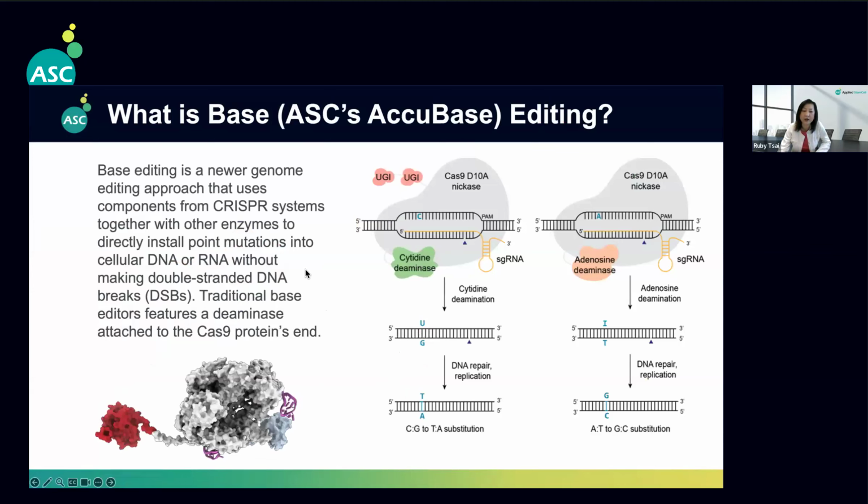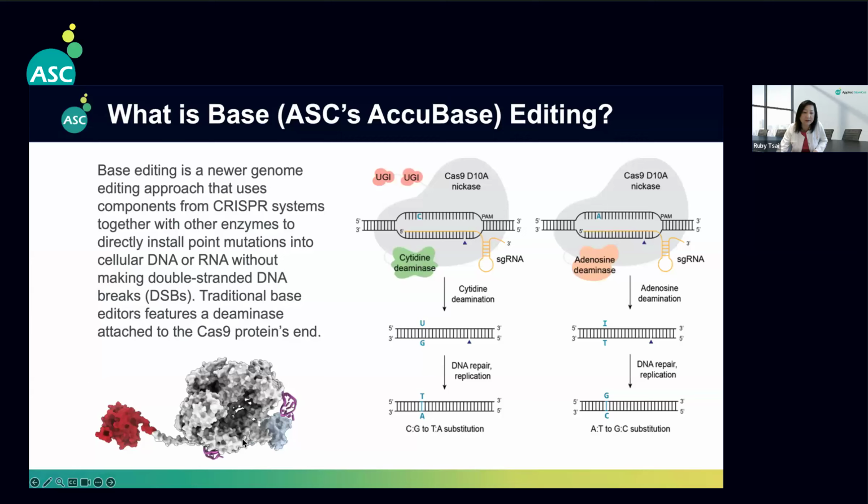And so other CRISPR-related technology was discovered. One of which is base editing. So base editing is basically a fusion enzyme. It uses the CRISPR component, the Cas9 nickase, and then fused to a deaminase.